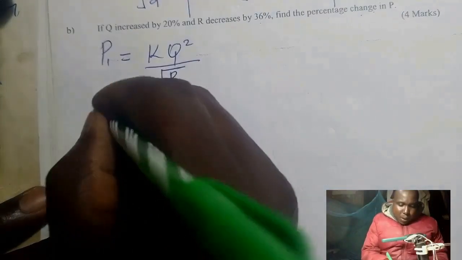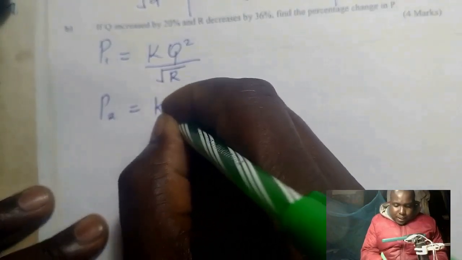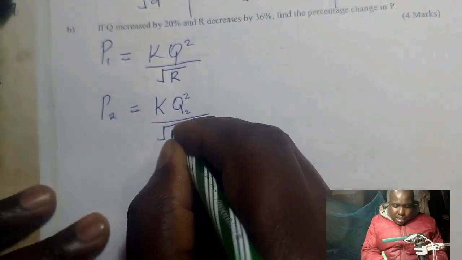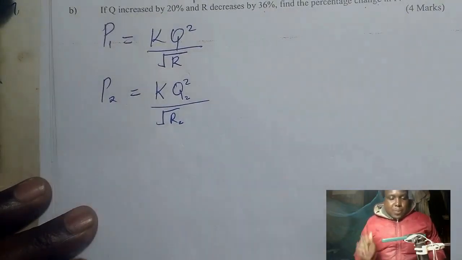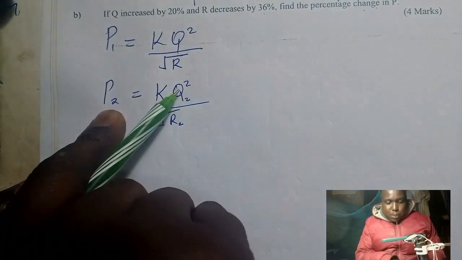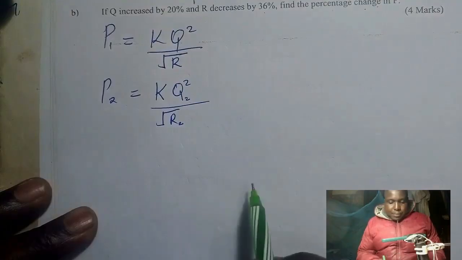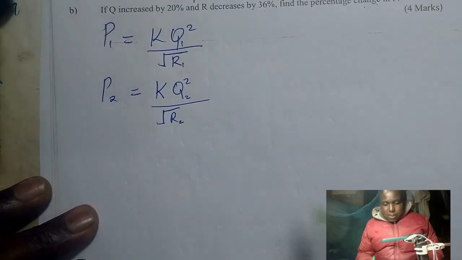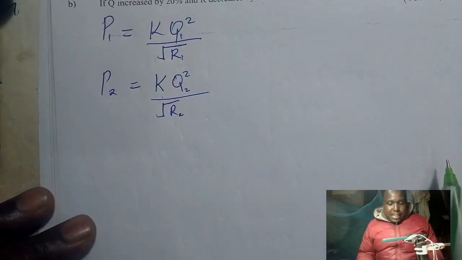So we will have now our P2, which is going to be k Q2 squared over the square root of R2. This one is the second after increase, and before increase is P1, right? The constant doesn't change.